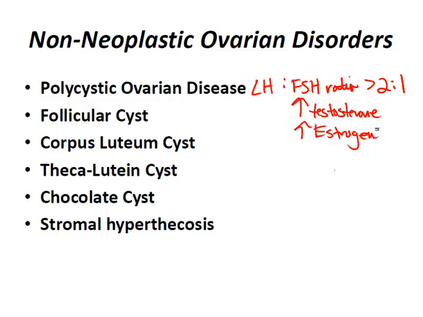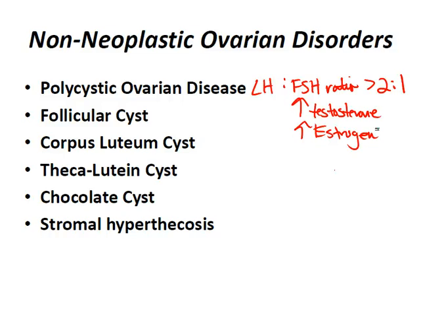Now, the pathogenesis is very poorly understood, but you have a high amplitude of GnRH pulses, which leads to an increase in pituitary LH, which then leads to an increase in ovarian theca interna androgen synthesis. Remember, theca interna, not theca externa.